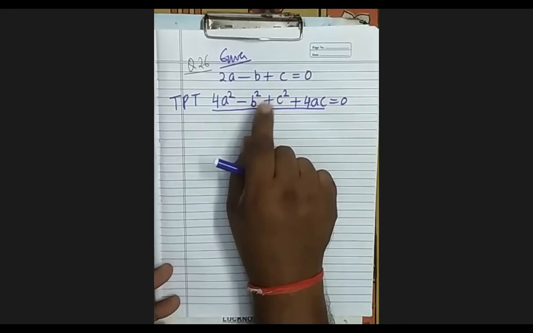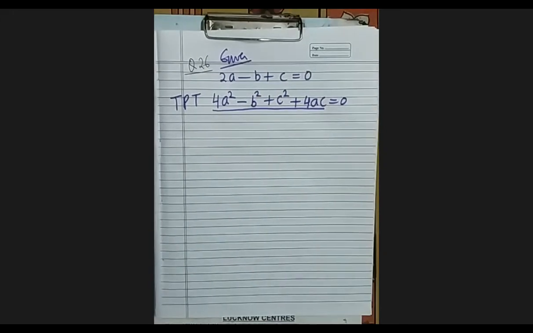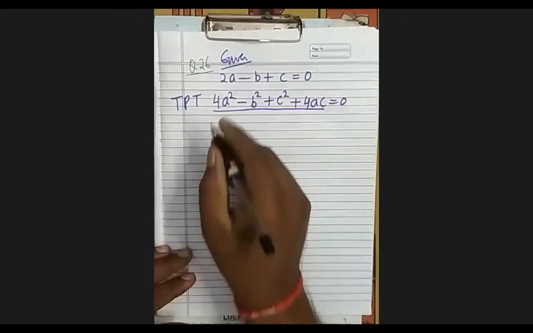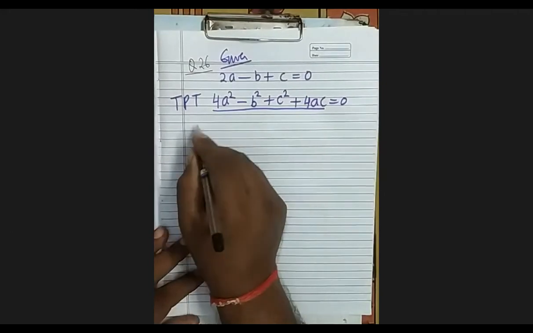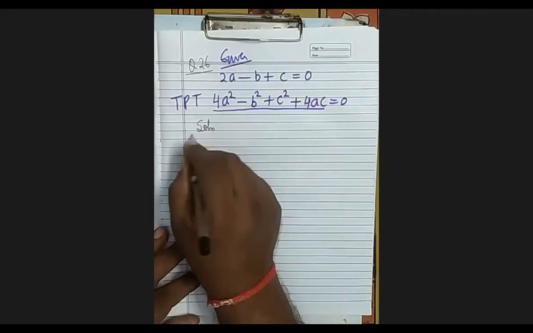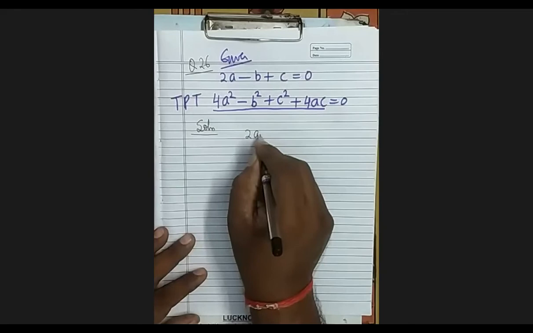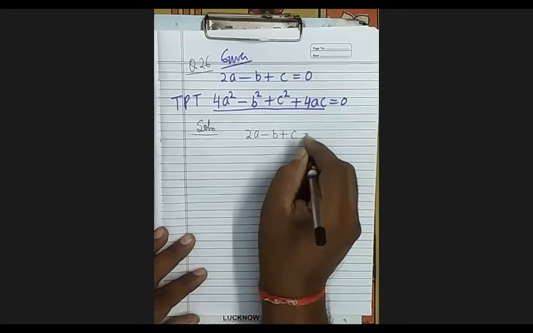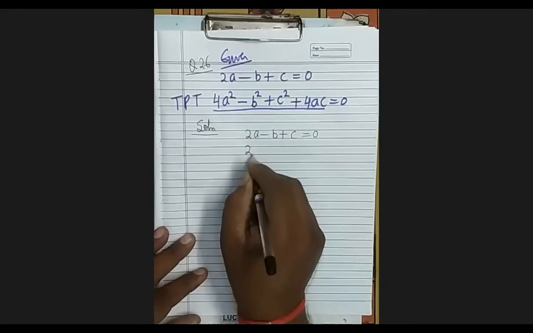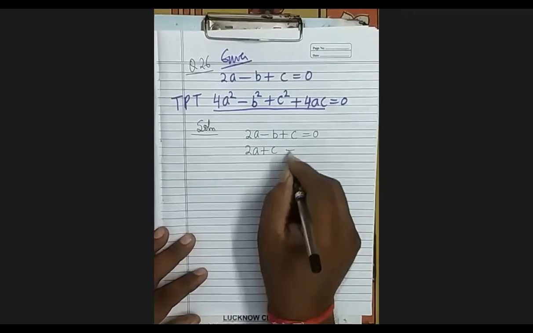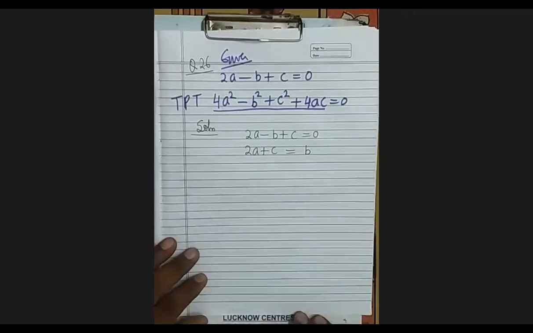So what will you do? First you will start from the given, 2a minus b plus c equals 0. So 2a plus c will be equal to b.